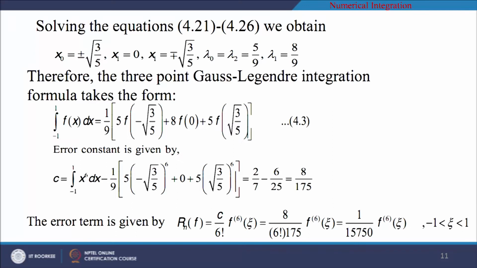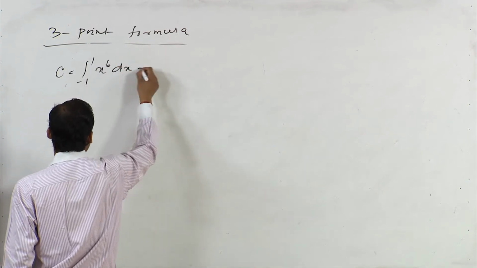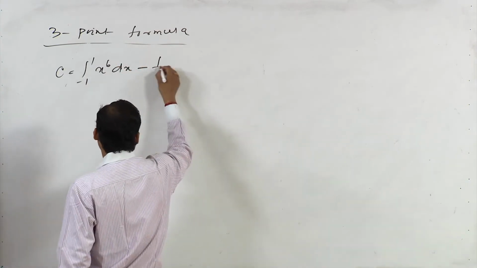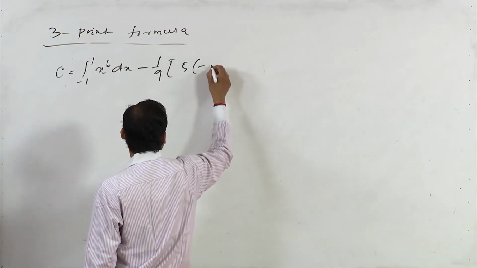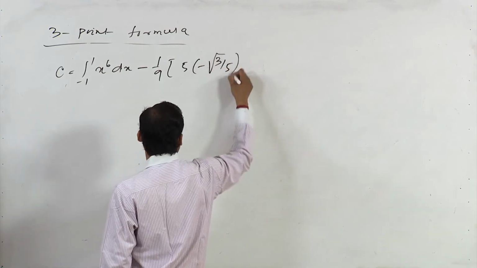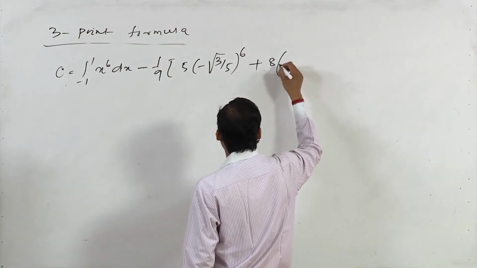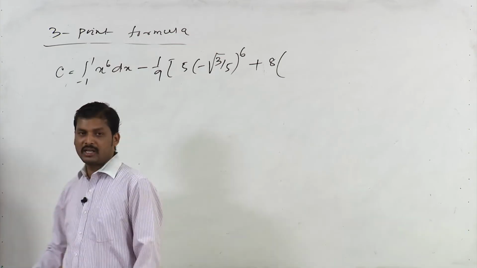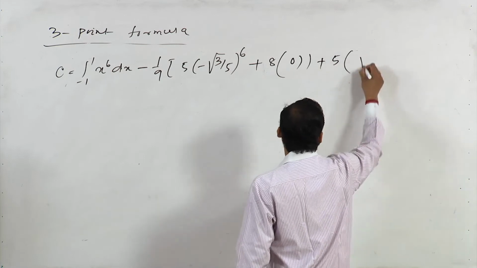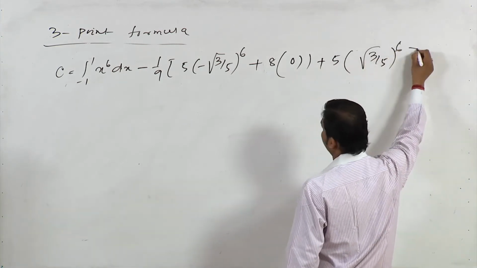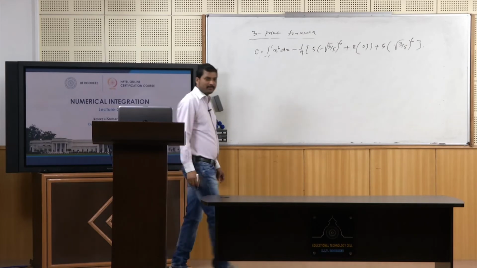So, that is why C can be written as the integral from minus 1 to 1 of x to the power 6 dx minus 1 by 9 times, 5 times minus root 3 by 5 whole to the power 6, plus 8 times f of 0. So, that is why we can write that one as 0 here, plus 5 times root 3 by 5 whole to the power 6, and the total value is giving you 8 by 175 here.